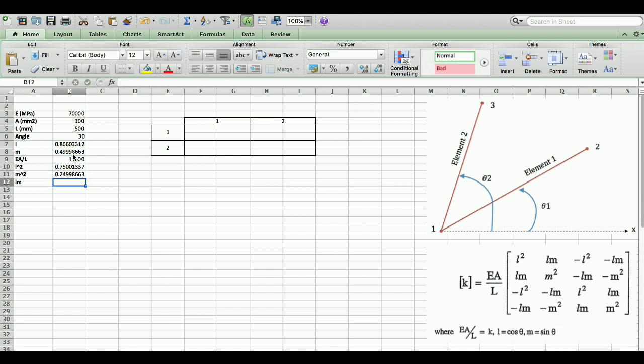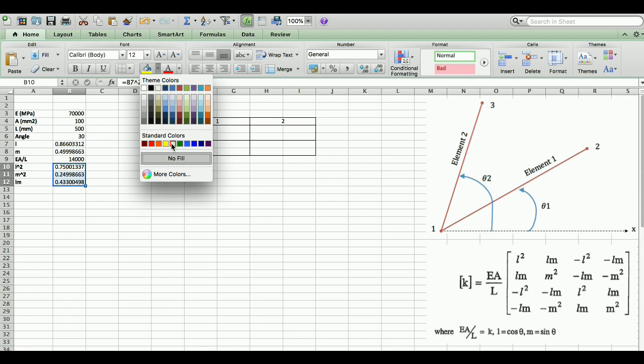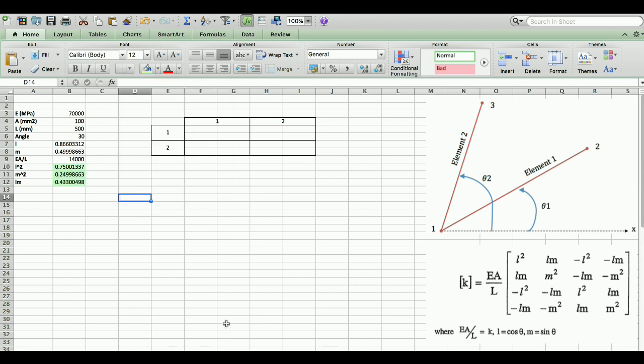LM is the product of L times M. So basically these are the numbers we will be using, so I highlight them.